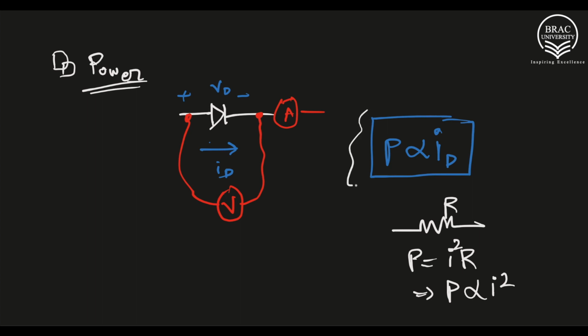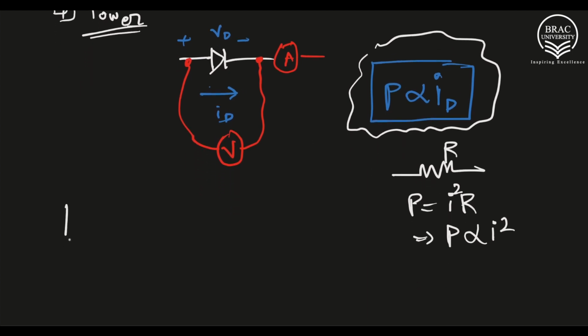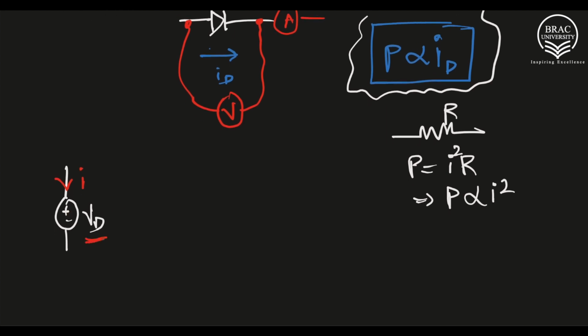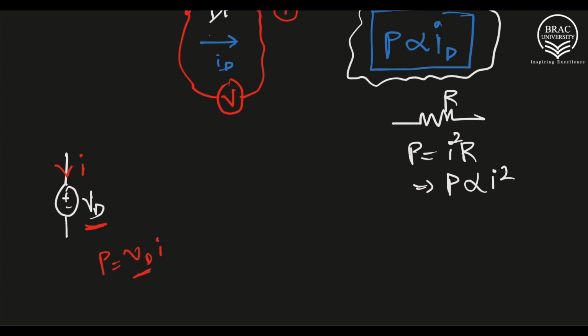Well, do we know any device for which the power is directly proportional to the current? If you consider a voltage source with voltage VD, and assume that it's consuming power, so the current is flowing in this direction, then since the voltage is constant, we can write P is equal to VD times I. So the power is proportional to the current.